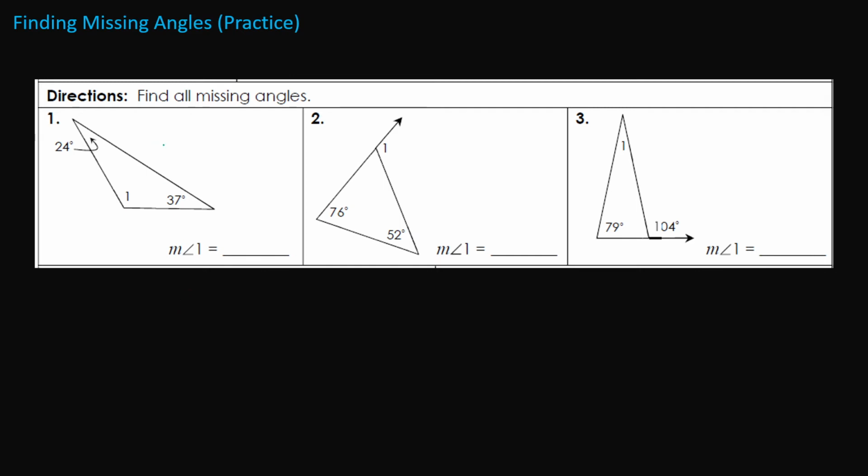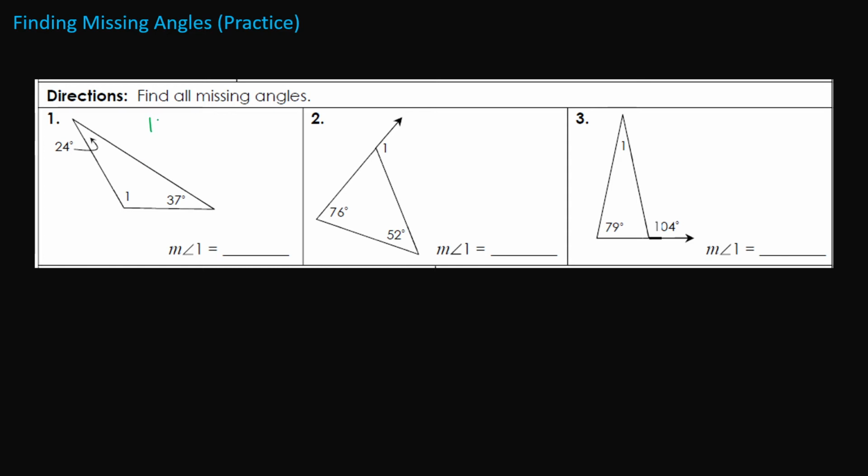We're going to find all missing angles in the diagrams. For number 1, we'll notice that we're just given one triangle, no exterior angles involved here. We know 2 of our angle measures. We're asked to find the third angle, angle 1. Using the triangle angle sum theorem, the sum of the angles in any triangle is 180 degrees.